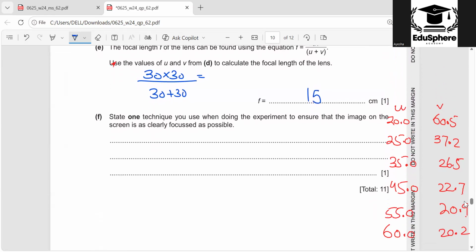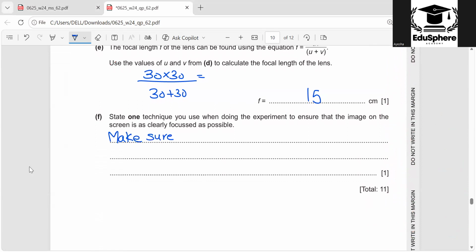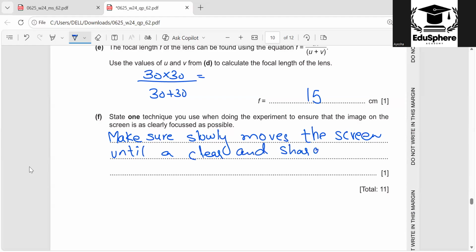Now state one technique you use during the experiment to ensure that the image on the screen is as clearly focused as possible. So it's important to make sure you slowly move or adjust the screen until a clear and sharp image is formed.